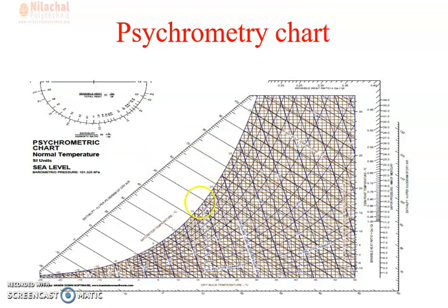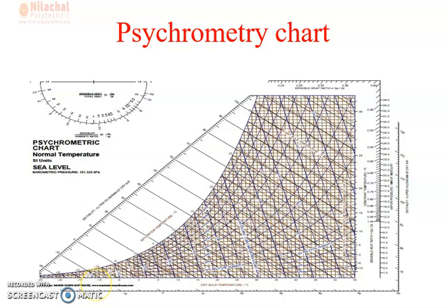This chart is very useful to find out the properties of air which are required for air conditioning. There is slight variation in the chart prepared by different air conditioner manufacturers.